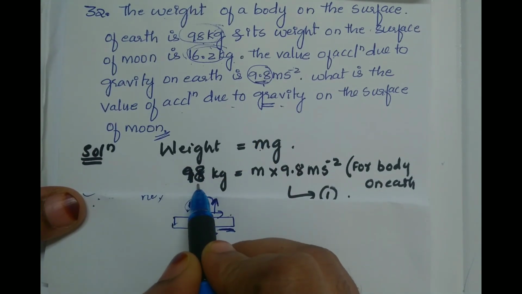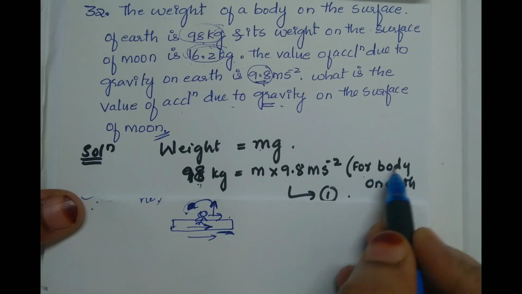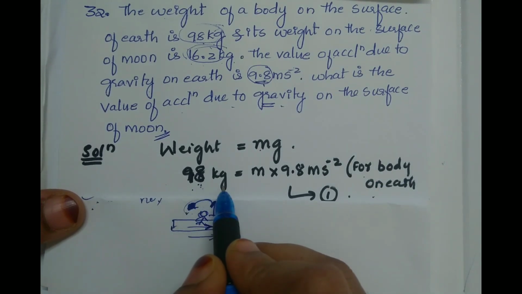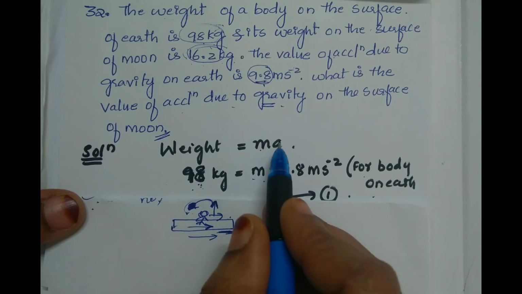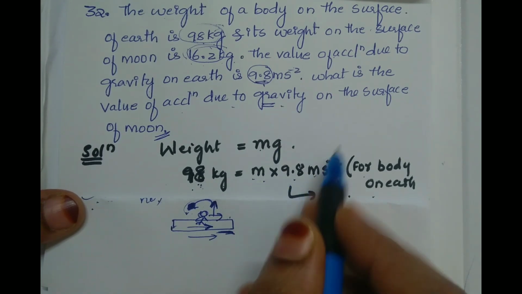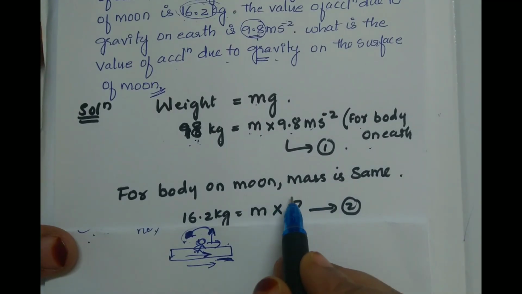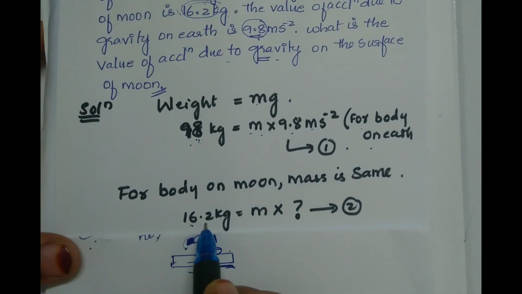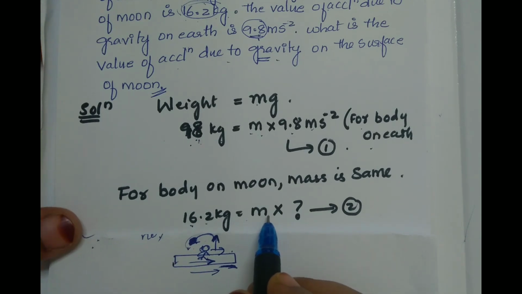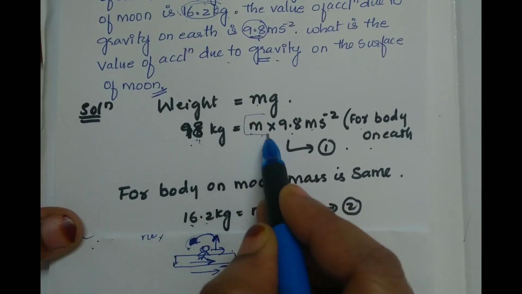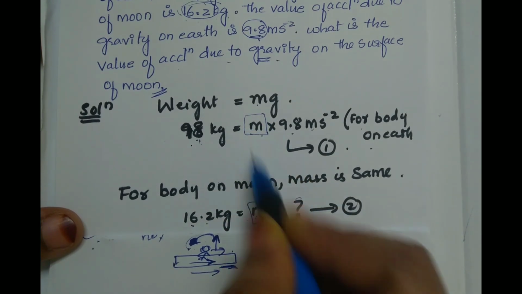Weight they have given on the earth, for the body on the earth, is 98 kg, that is equal to mass into acceleration due to gravity, that is 9.8. Similarly, for the body on the moon, the weight is 16.2 kg, equal to mass into the acceleration due to gravity, which you have to find out. Since the mass will be the same, it will cancel out.